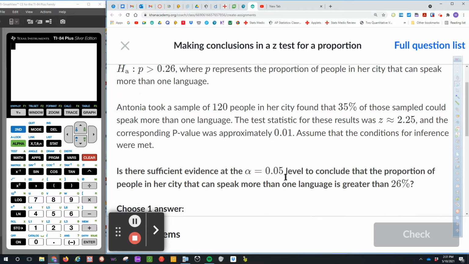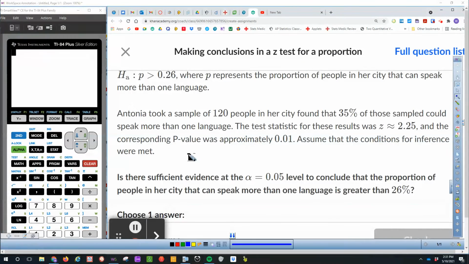Good. Assume that the conditions for inference were met. Is this sufficient evidence? So, ladies and gentlemen, this is where you need to pay attention. Your p-value, if your p-value is less than alpha, we will reject the null.